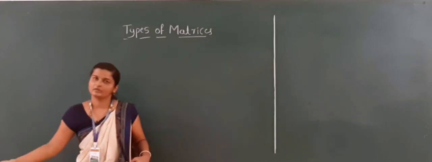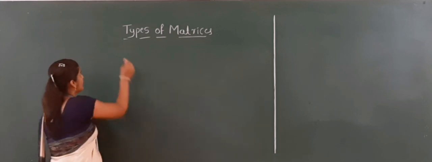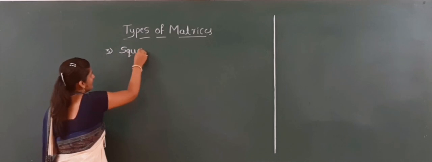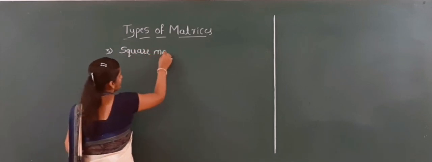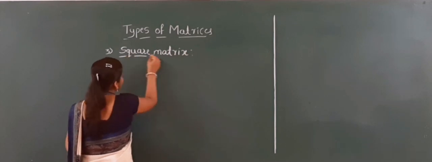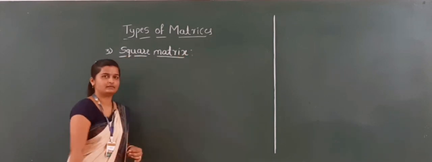Okay. Shall we move to the next type of matrix? That is the third one, square matrix. What will be the square matrix?